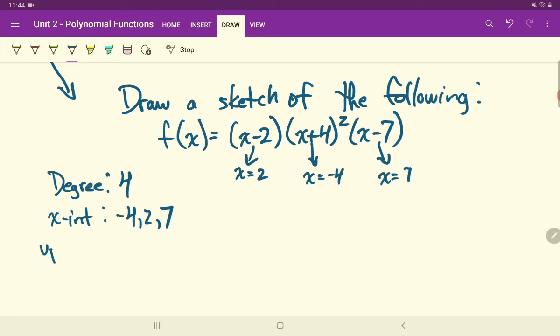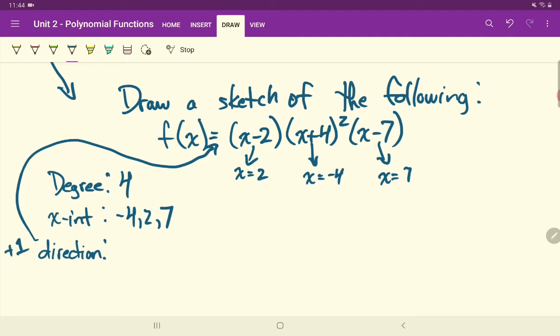Up or down. Well, how do we determine that? Let's use the term direction there. How do we determine that? Well, it's your leading coefficient. My leading coefficient here is +1.